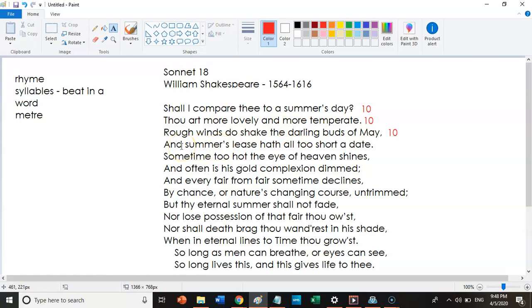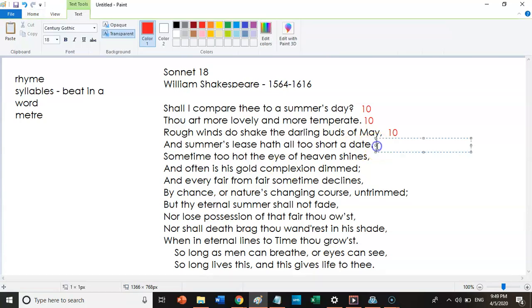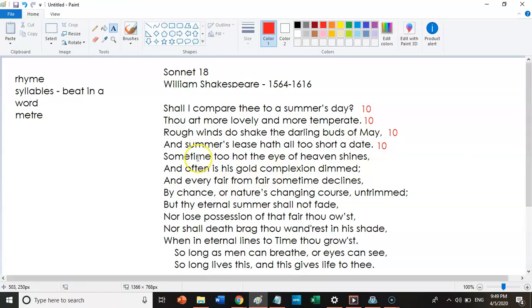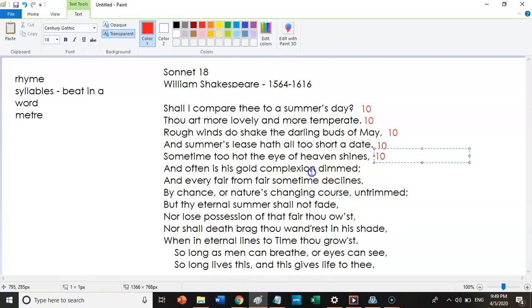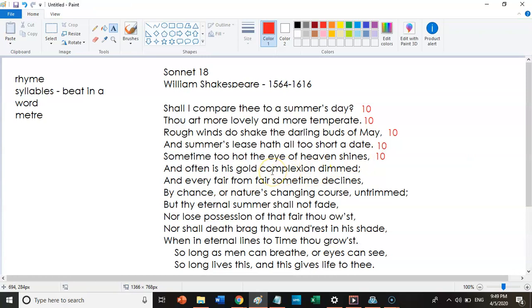And summer's lease hath all too short a date. Once again, 10 syllables. Sometime too hot the eye of heaven shines. 10 syllables once again. So sometime, 2 syllables. Heaven, 2 syllables. Everything else, just 1 syllable.